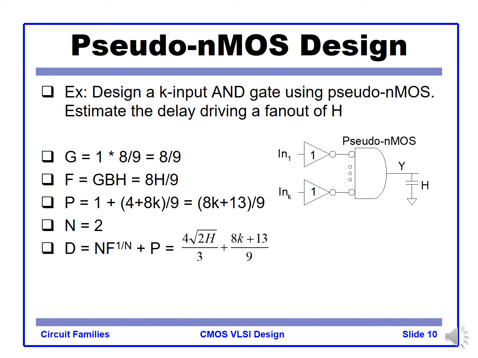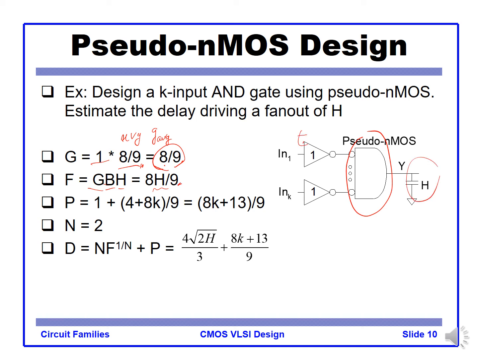So now this is what we have. The inverter logical effort is 1 and the pseudo NMOS logical effort is the average logical effort, so that gives us G average 8/9. The path effort is GBH. G is 8/9, B equals 1, and H is the output load capacitance over the input capacitance.